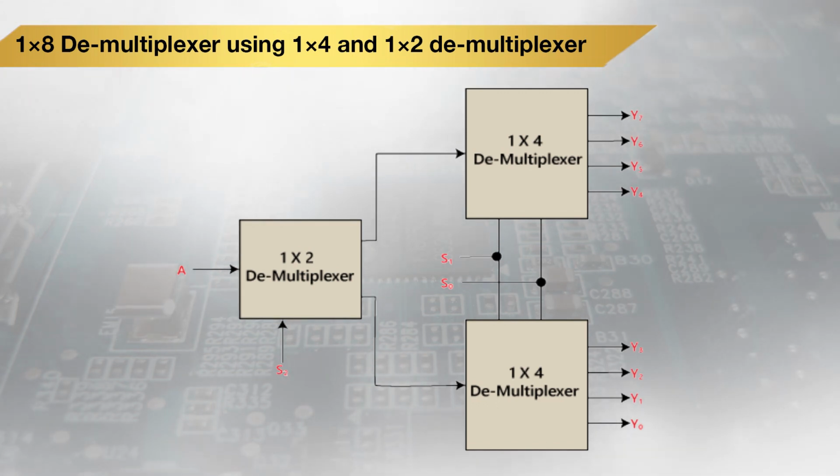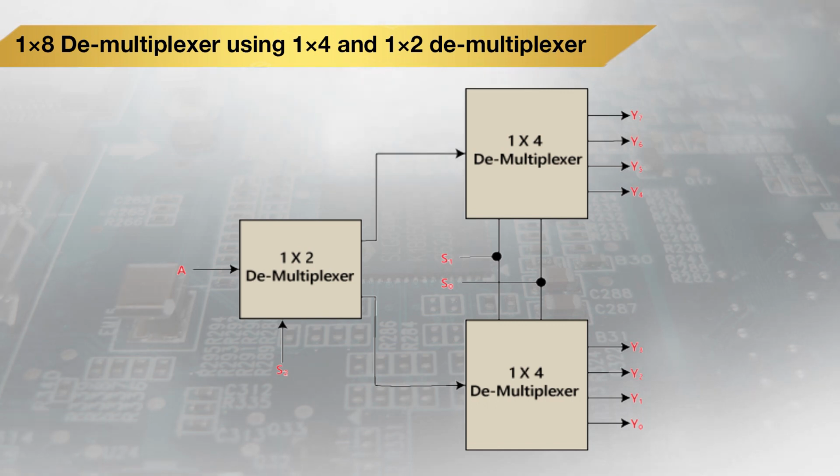Now a 1x8 demultiplexer has 3 selection lines. So 2 selection lines will be provided to the 1x4 demultiplexers, that is, the selection lines of the 1x4 demultiplexers will be shorted.